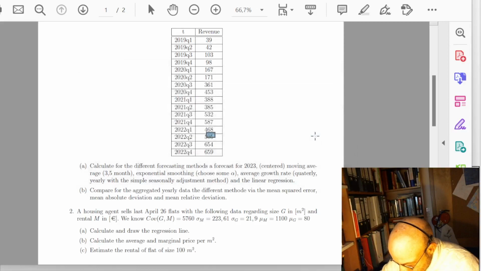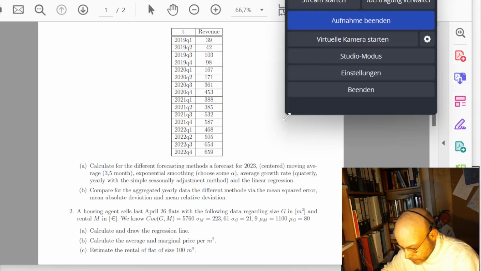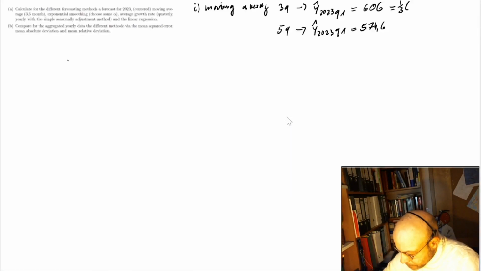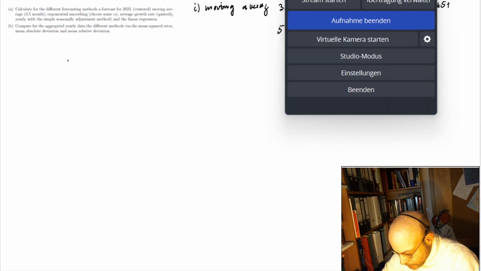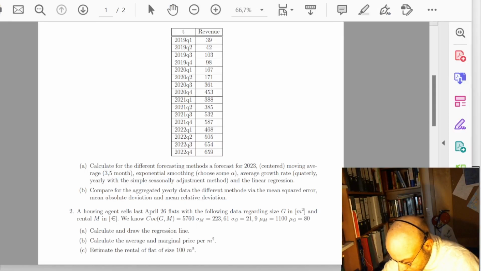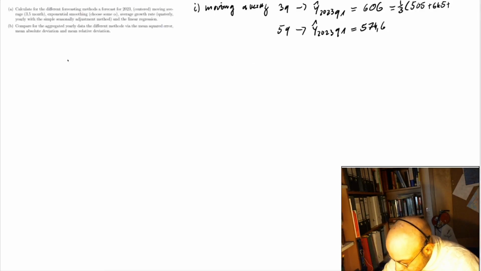This one is 505, 645 and plus 659. And this would be 1/5.